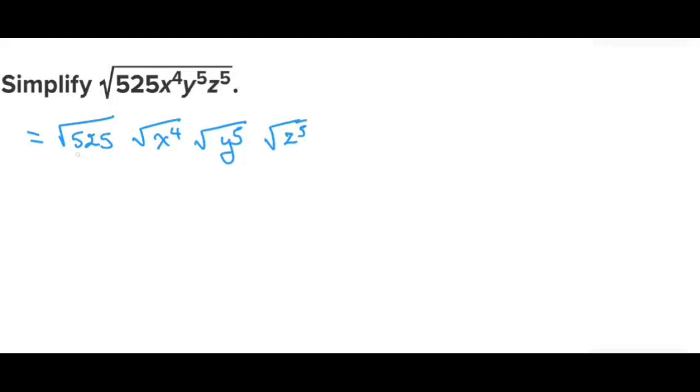Now for 525, I will make the factor tree here, or the prime factorization. 525 can be divisible by 5 to be 105, and again by 5 to be 21, and then by 3, this is 7, and by 7 this is 1.